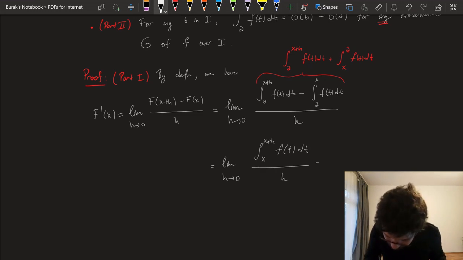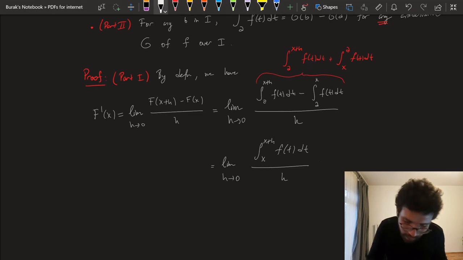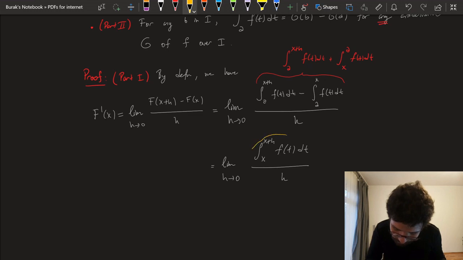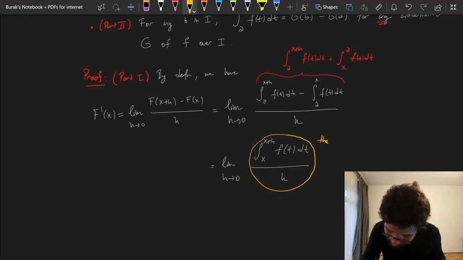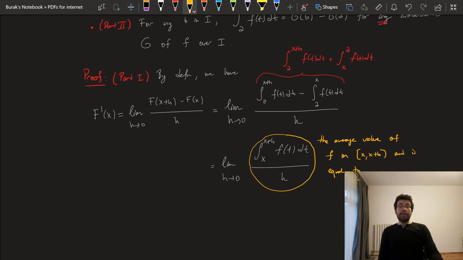Now, this quantity over here is the average value of big F on the interval x, x plus h, and it is equal to, remember the mean value theorem for integrals.